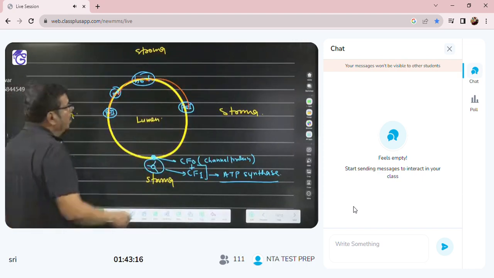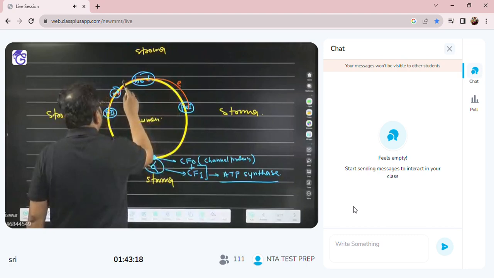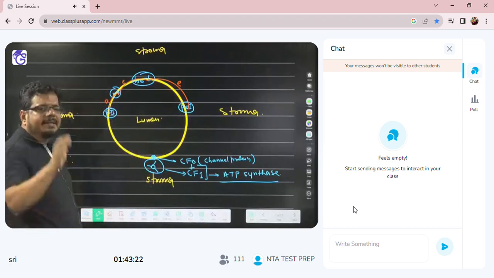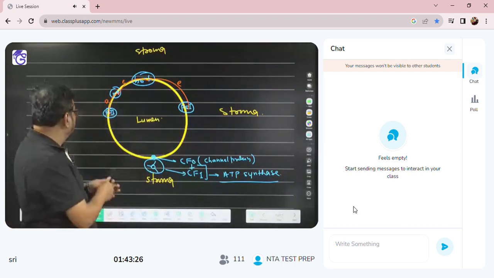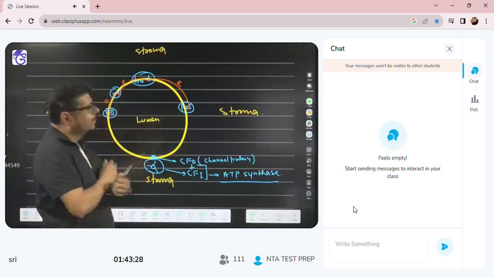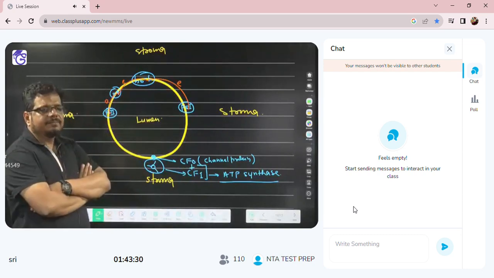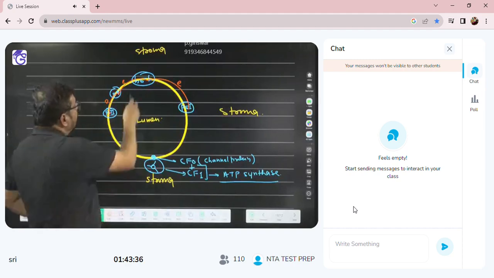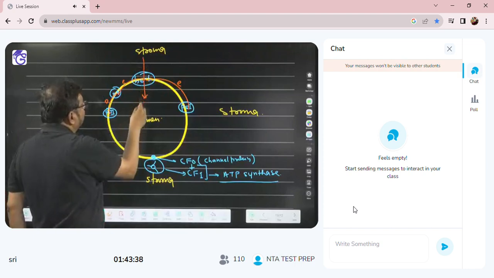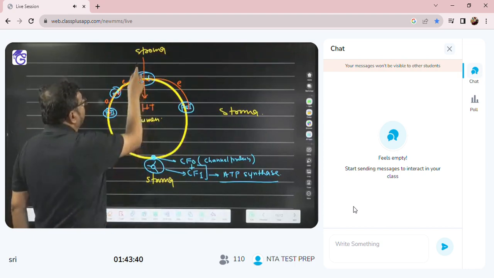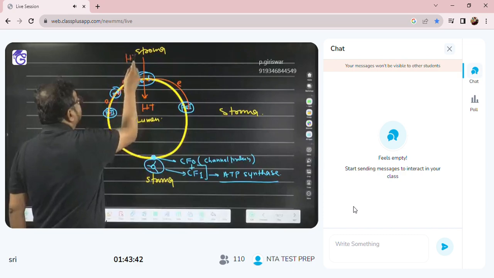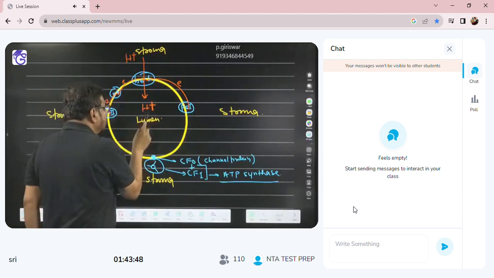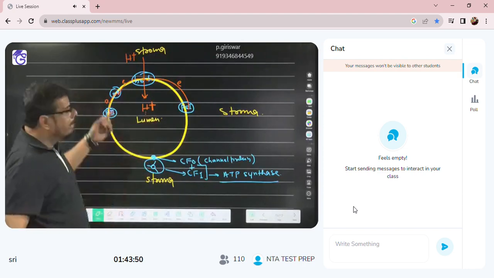When electrons are moving from PS2 to PS1, energy is released. And this energy is used in pumping of proton from stroma to lumen. Now earlier where was more proton? Nowhere. Equal proton was there. Now where is more proton? Lumen has more proton, because pumping of proton occurs.